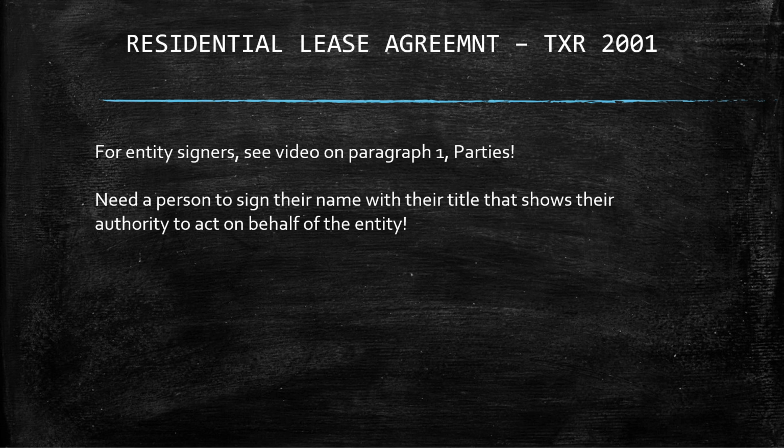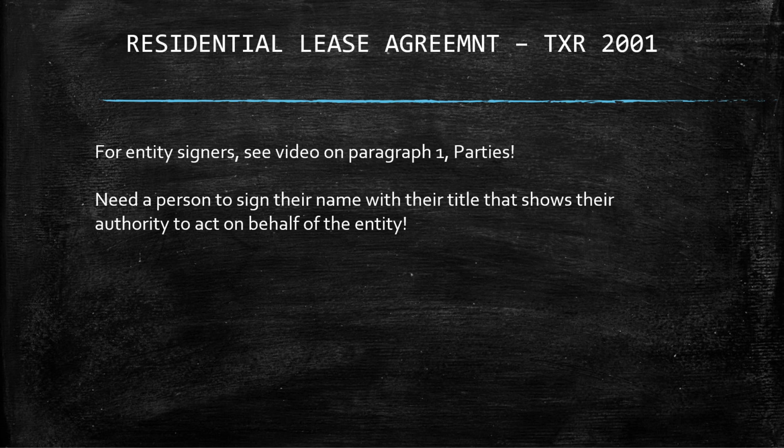And then we're going to need that person's title that shows what their authority is to act on behalf of that entity. So if we had a corporation, it might be Jane Smith, president. If we had a trust, it might be Jane Smith, trustee. Or if we had an LLC, it might be Jane Smith, managing member or something. But you get the idea. We need the person's name and their title.